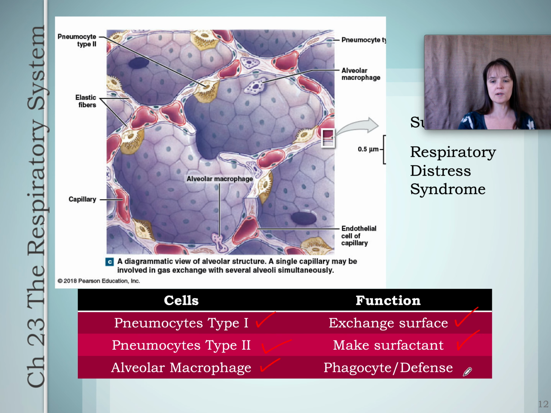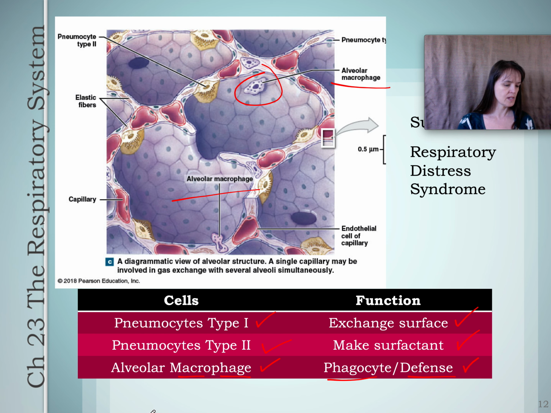And the alveolar macrophages are macrophages. So phagocytosis is cell eating. So these are phagocytes. Phagocytes are always for defense. And you could see the alveolar macrophage here in the picture squeezing in or out of the tissue. And they wander around and eat stuff. They're also called dust cells because they phagocytize, they surround and absorb and eat the dust.